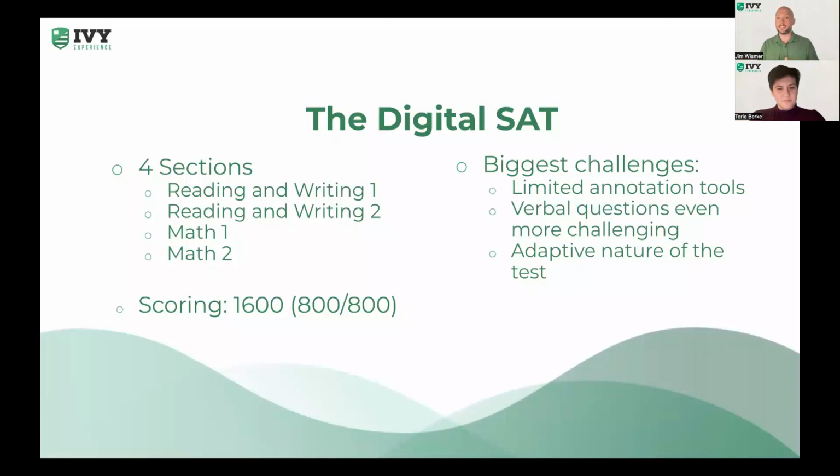And if you miss that many questions on the current version of the test, you're already not getting a score above 700. So the idea that if you miss a lot of questions early on in the test, you're locked out of certain scores is not a new thing. That's already the case on the current paper version of the test.